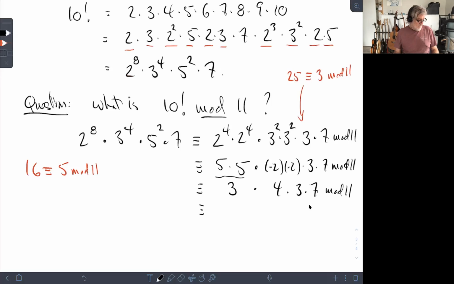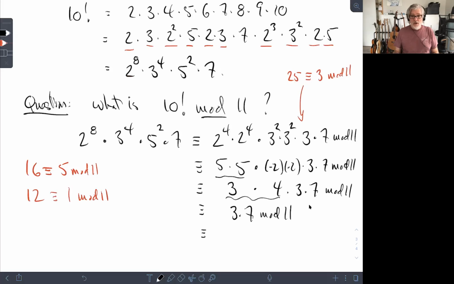At this point it's getting small, but why not? Let's just keep on going. 3 times 4 is 12 mod 11. That's 1, right? 12 is congruent to 1 mod 11. So this here is just 1. So this is the same as 3 times 7 mod 11.